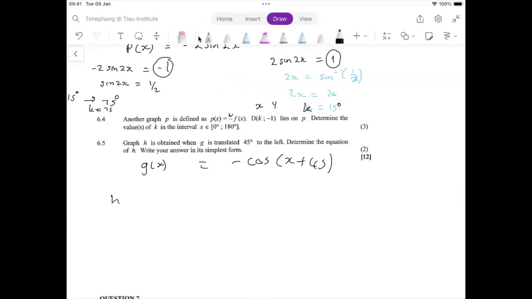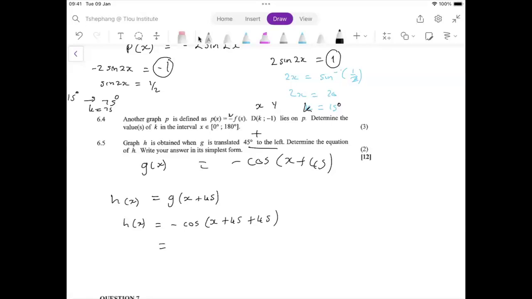But H is obtained when we shift G of X to the left. What do we know about shifting to the left? We are going to add. We shift it to the left, but we add 45, so it's X plus 45. Now H of X will simply be negative cos of X plus 45, but plus 45.